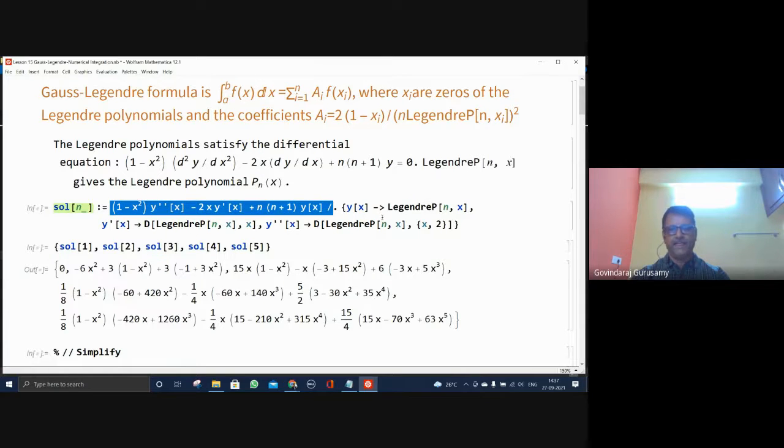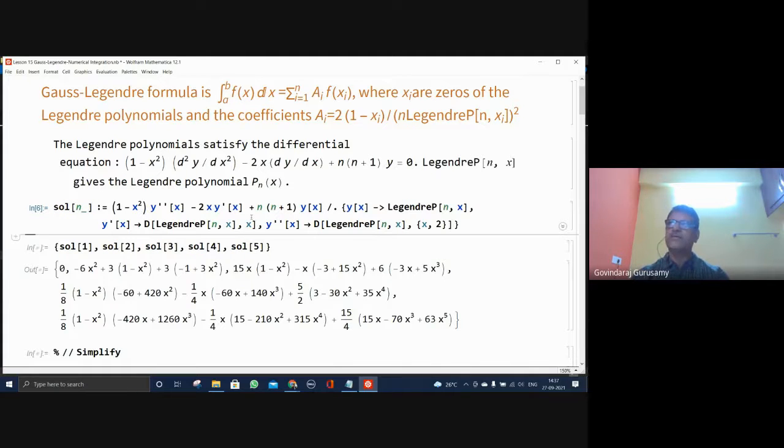Then it takes the first derivative, second derivative, substitutes the function also and checks. So you can check whether they are all solutions to this differential equation or not. In fact, this program I wrote in 2003. It's quite an old program.